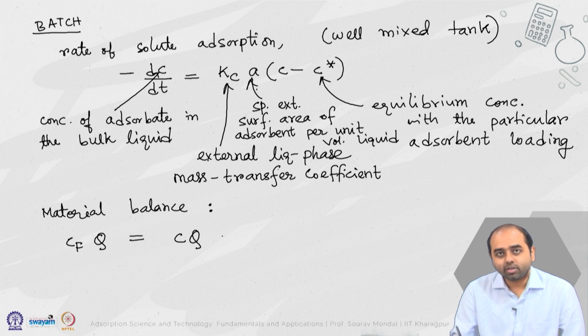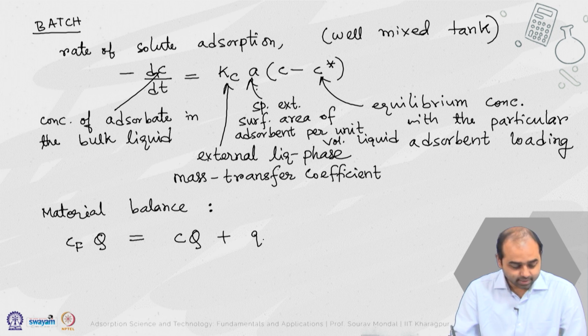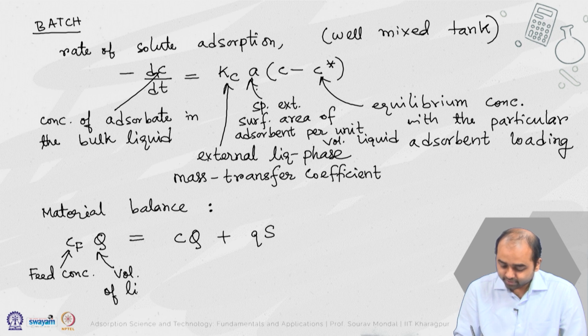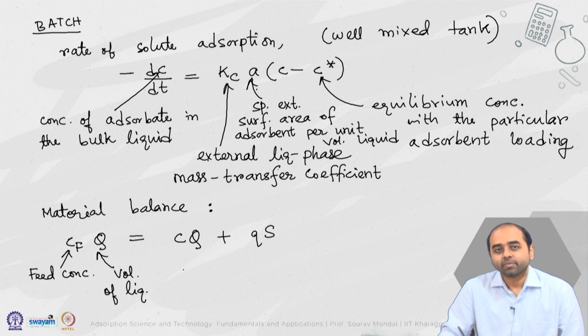We assume the total volume remains unchanged due to this adsorption, plus the amount that is adsorbed in the solid phase multiplied with S, the mass of the adsorbent. So, just to be clear, this is the feed concentration, or the concentration at t equal to 0. This is the volume of liquid which contains the dispersed adsorbent as well as the adsorbate species.